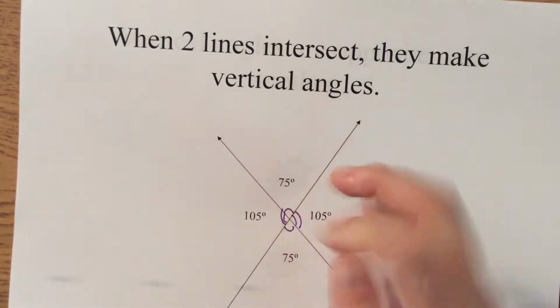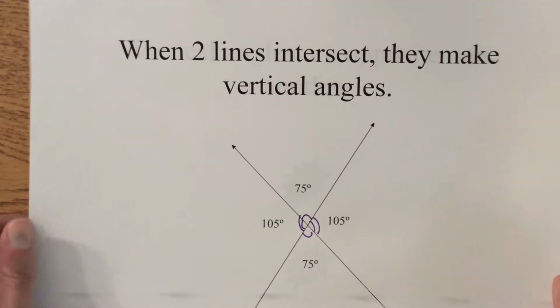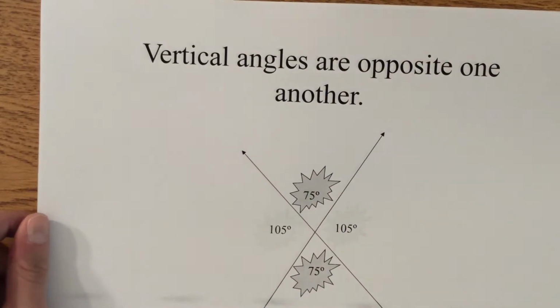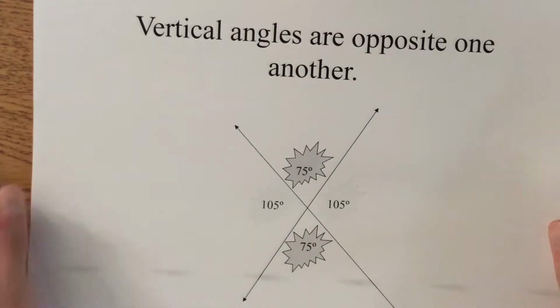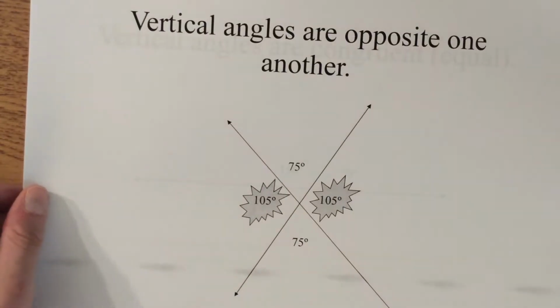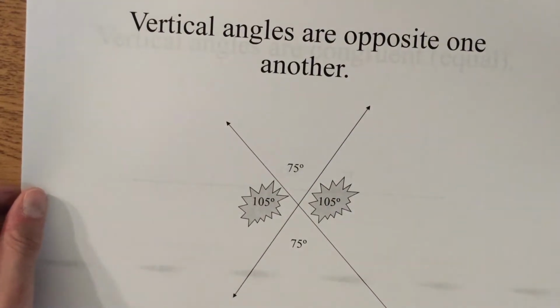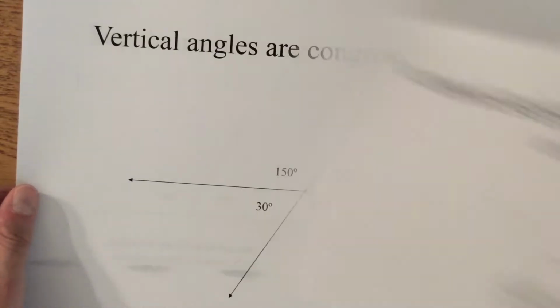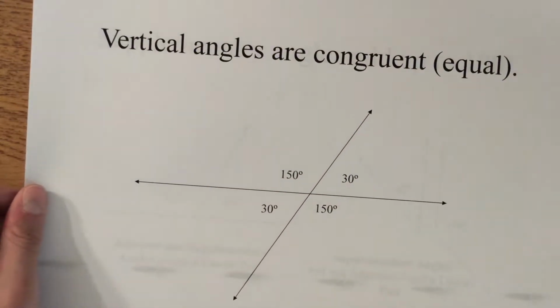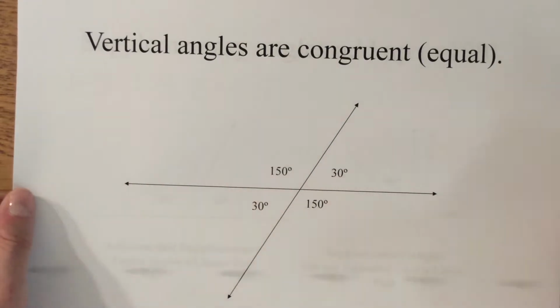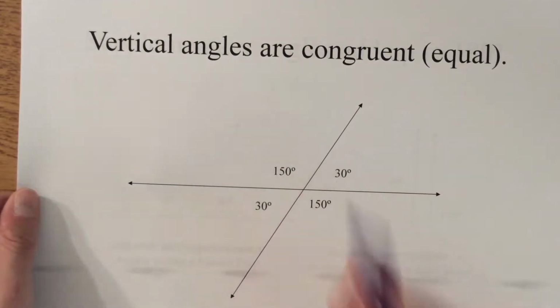Those two angles are also vertical and congruent. So that's showing you that they're opposite each other and that they are congruent. Another example, again, vertical angles are congruent.